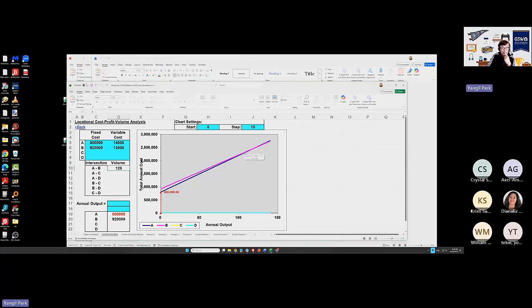And above 120, B is better, right? Based on the chart. So we can inspect visually. But of course, from the formula, we can find which is better.